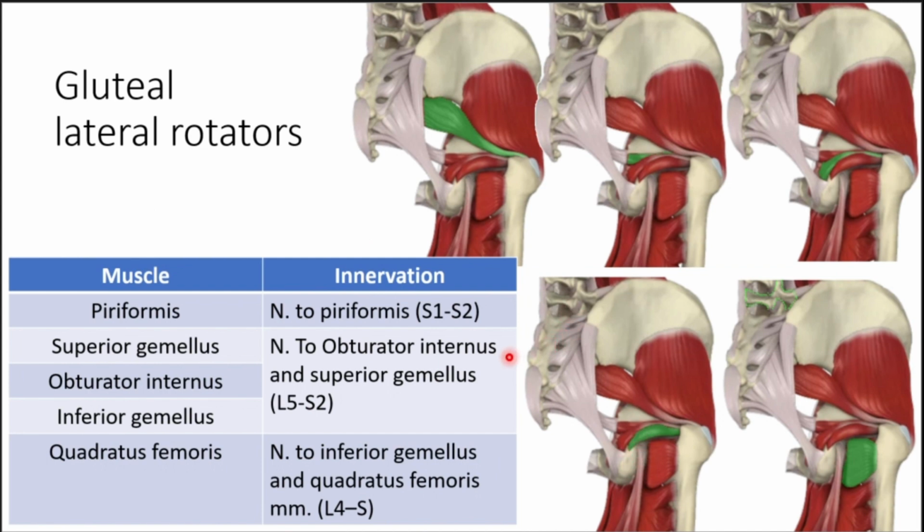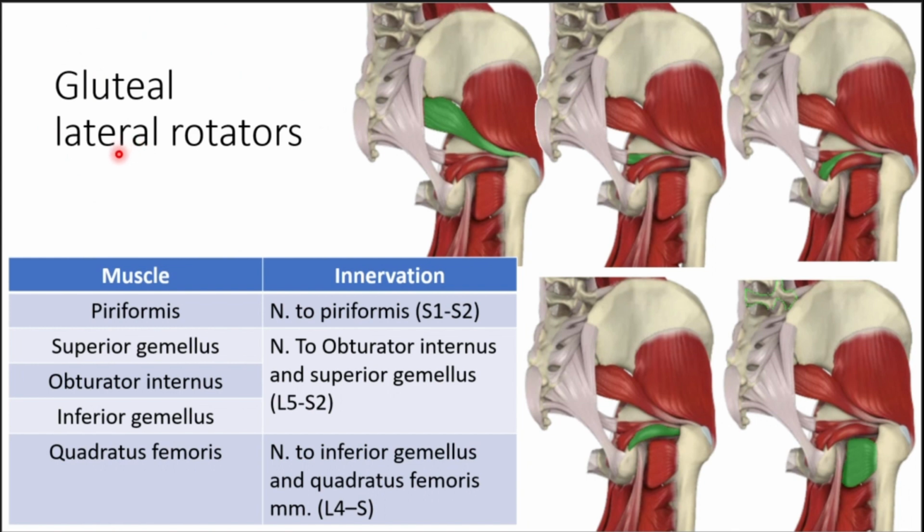There are 5 muscles that attach to the sacrum, coccyx, and ischial tuberosity that travel through the superior and inferior sciatic foramen to insert on the femur at the medial aspect of the greater trochanter and intertrochanteric crest. These muscles are referred to as the gluteal lateral rotators.